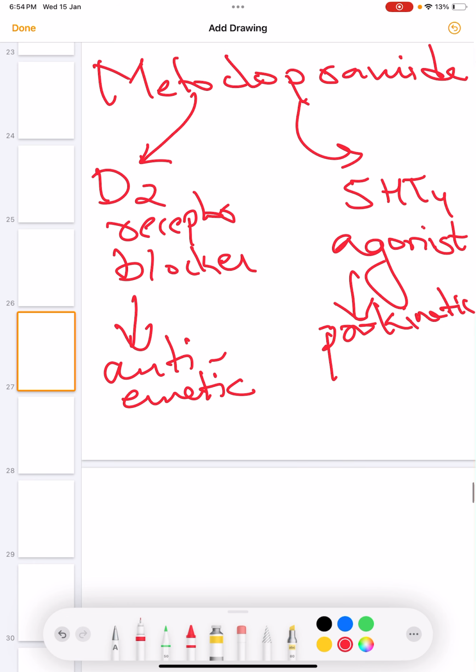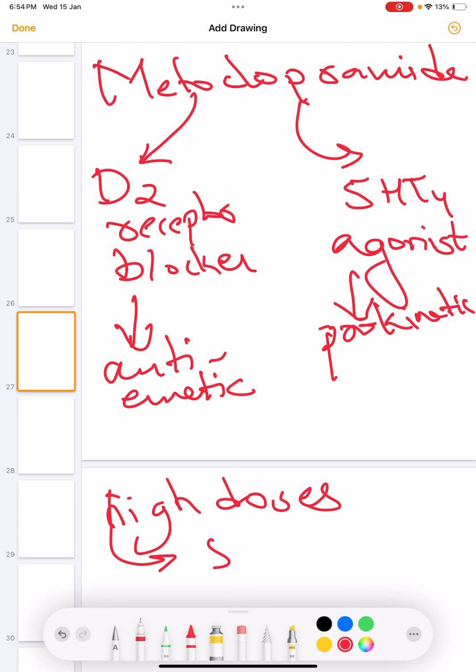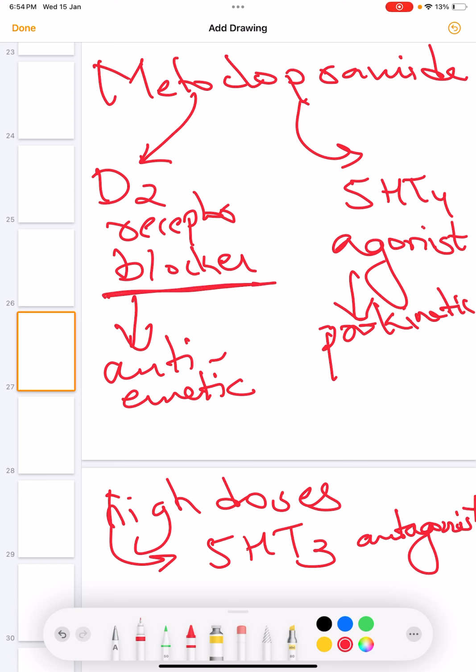At high doses, it is also a 5-HT3 antagonist, but that effect is not seen in usual doses. So in usual doses, its antiemetic effect comes due to D2 receptor blockade.